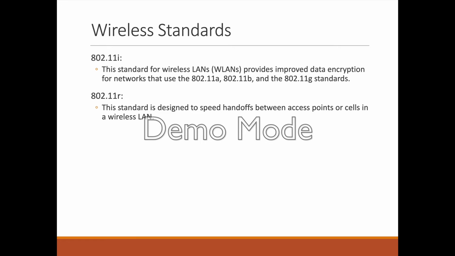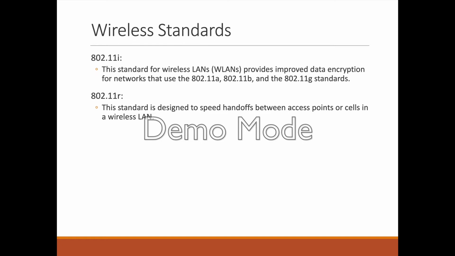Then there's the I, which is the standard that provides improved data encryption for networks that use all the other ones listed here. And then there's the R, which is a standard designed to speed handoffs between access points or cells for wireless LAN. So getting back to the I for a second, this one's been out for a while, but it improves data encryption.